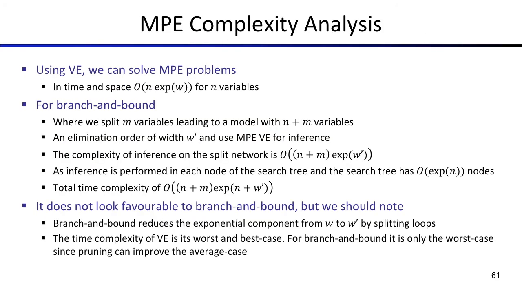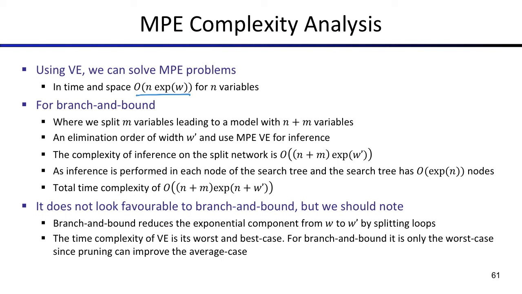So we can compare the complexity of the algorithms for computing the MPE queries that we have seen so far. The algorithm based on variable elimination, the MPE-VE, has the same complexity as the original variable elimination algorithm. So the complexity will be n times the exponential in W, where n is the number of variables in the network, and W is the width of the elimination order.